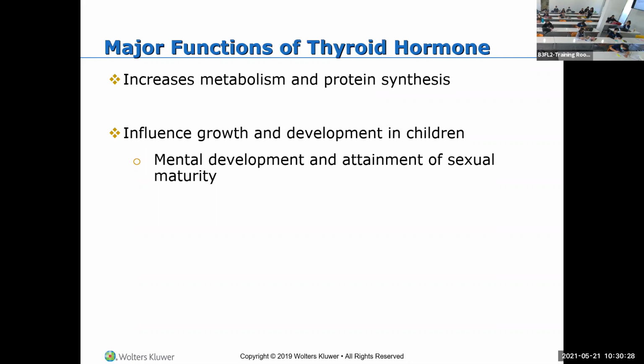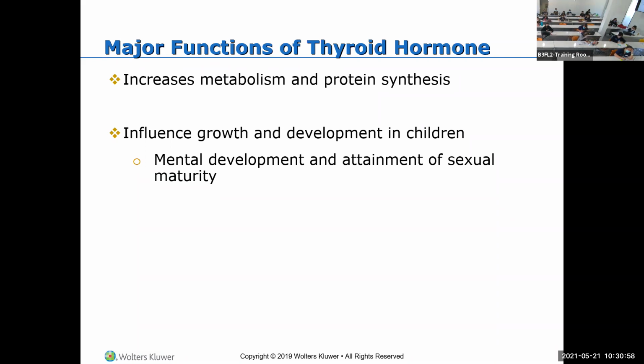Now, the next one, it says thyroid hormone influences the growth and development in children. If you remember, I said earlier that T3, T4 control normal physical growth, is that correct? That's what I said. Physical growth, mental growth, and reproductive growth. That is my T3, T4. That's what it says over here.